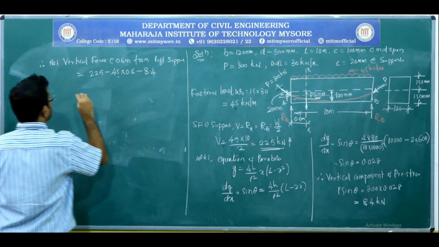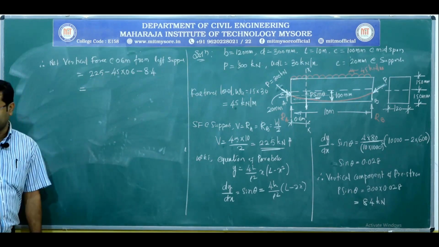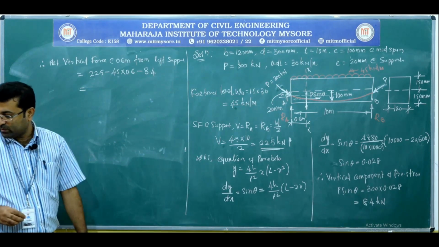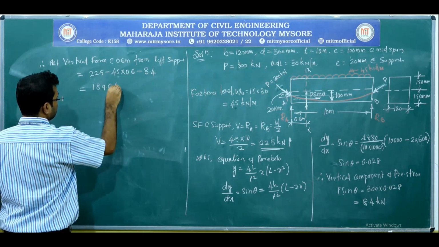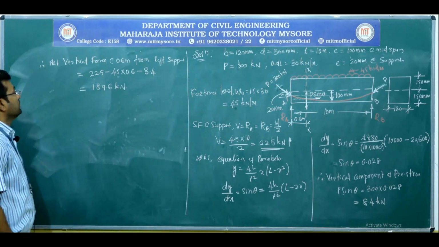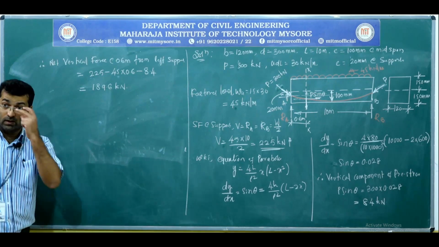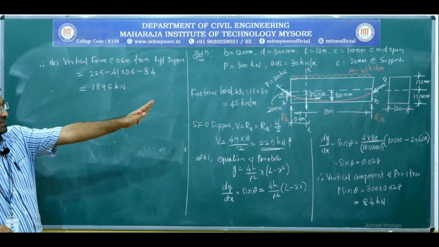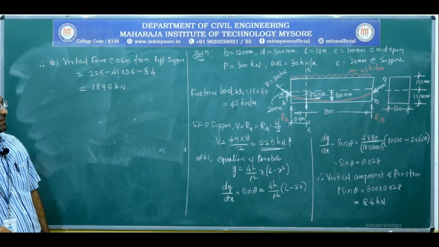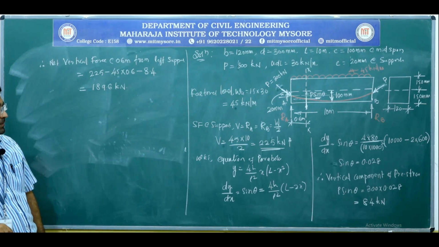So all together it is about 189.6 kilonewtons. So this much is the net shear force at 0.6 meter from the left support.